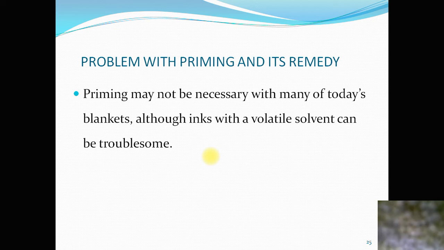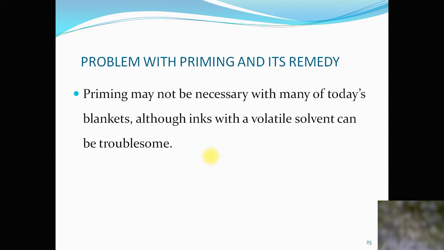Volatile means solvents which evaporate when open to the atmosphere, just like nail polish remover. If I leave a nail polish bottle open to the atmosphere without a lid, after a few hours the total amount of nail polish will evaporate.